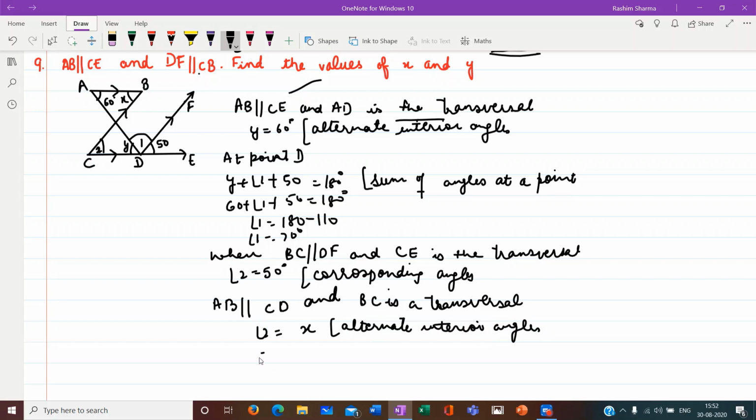Therefore, X is also equal to 50 degrees. So we got here X as 50 degree and angle Y we got here as 60 degree.